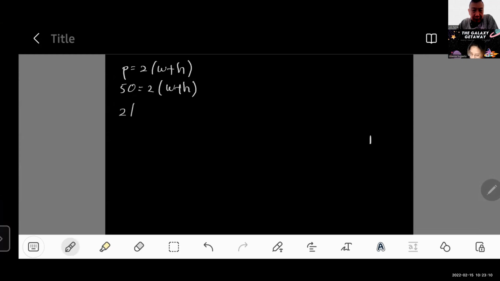You write maximize. So you want to maximize what? Maximize the area. A equal to W times H. And then subject to constraint.